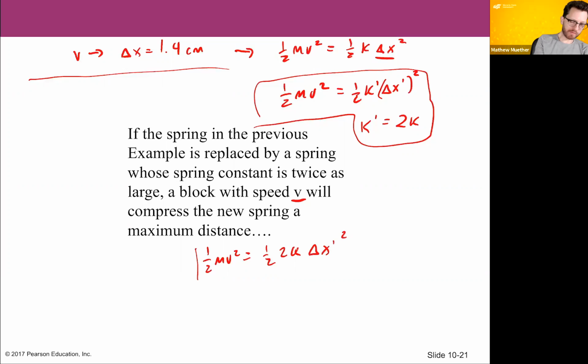And I know 1/2 mv squared from this expression is just equal to 1/2 k delta x squared. And now I can solve this equation. The halves cancel out, the k's cancel out.